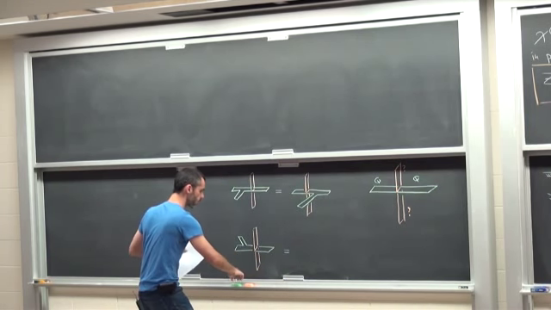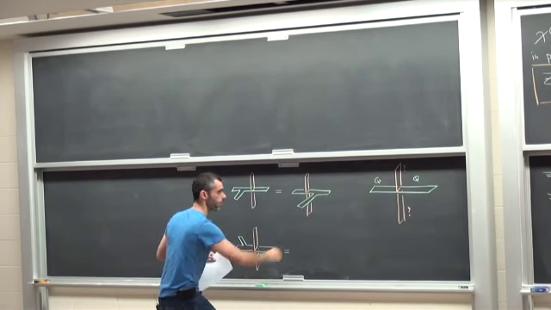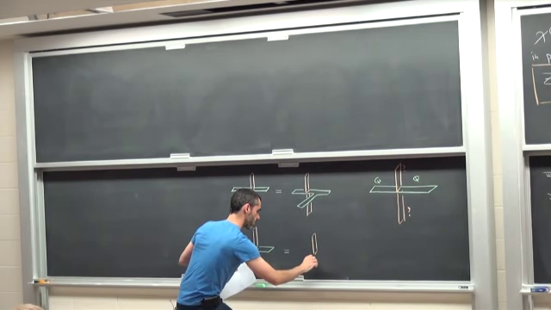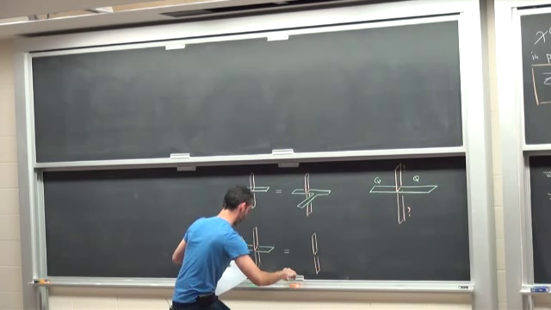So we're looking for a universal way of assigning a value to those orange guys so that these equations are satisfied.